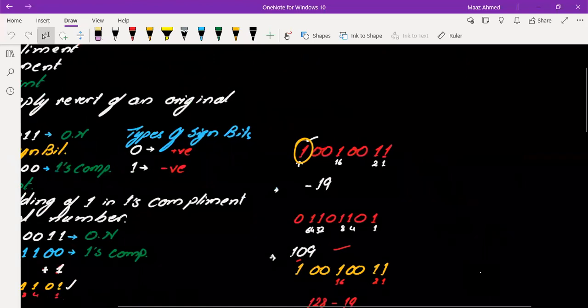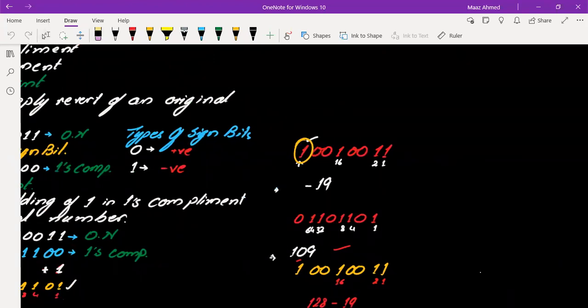To convert this number into decimal, what we did: 1, 2. Where do that 1, 2 come from? It's 2 power 0, 2 power 1, 2 power 2, 2 power 3, 2 power 4. So 1, 2, and 16 were on. We added them all together to get 19, and the last bit was the sign bit, so it became negative 19. Am I clear with this part? How did we get a negative 19?